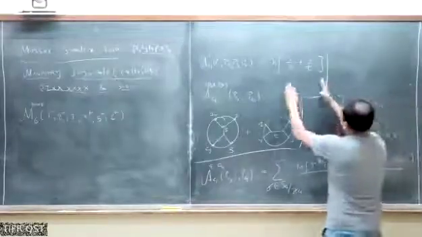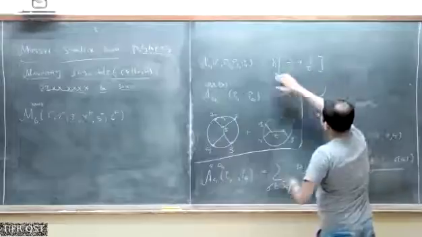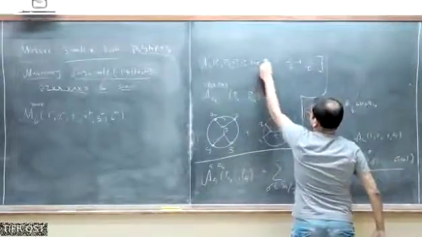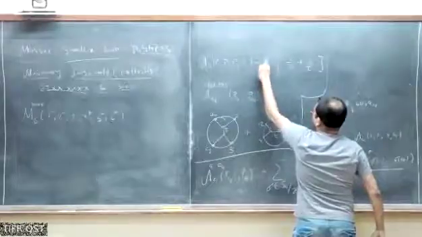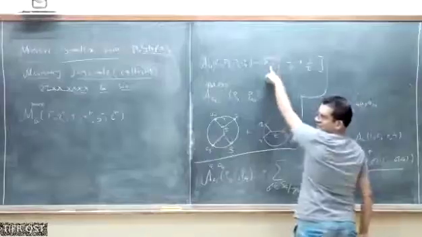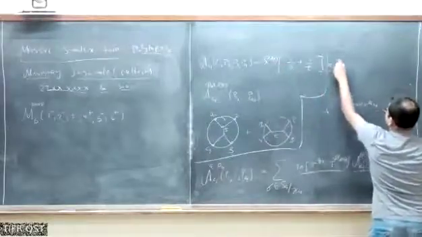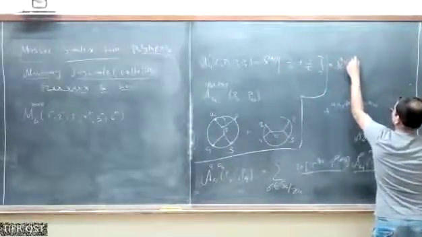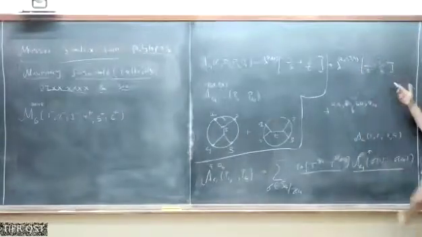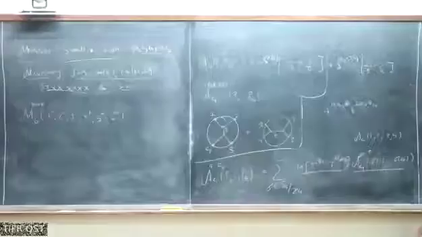If I was suppressing color here, it's really lambda for the 1, 2, 3, 4 ordering with the structure constant, plus lambda for the 2, 1, 3, 4 ordering. Then you have 1 by T plus 1 by U, and the third one. So they never mix.